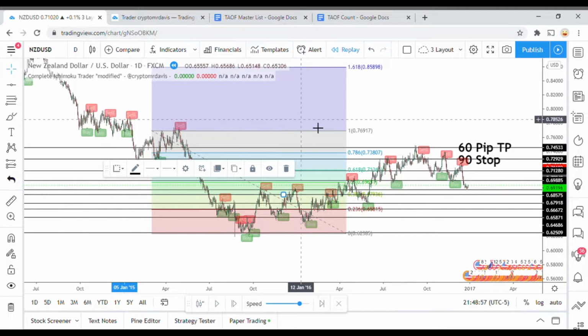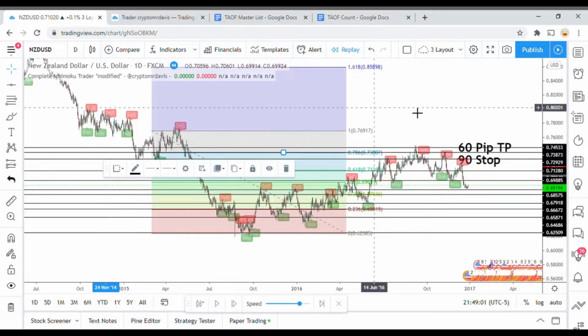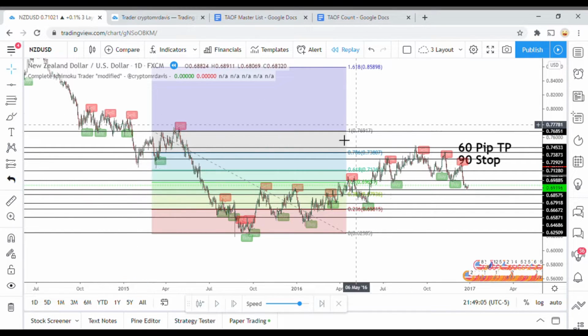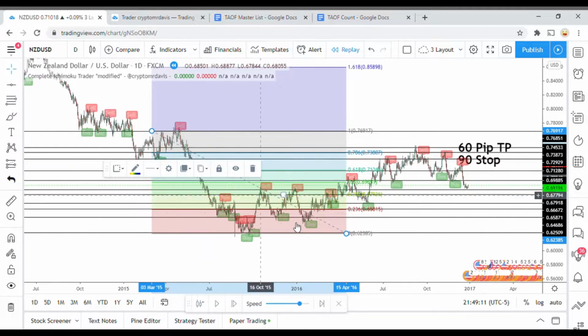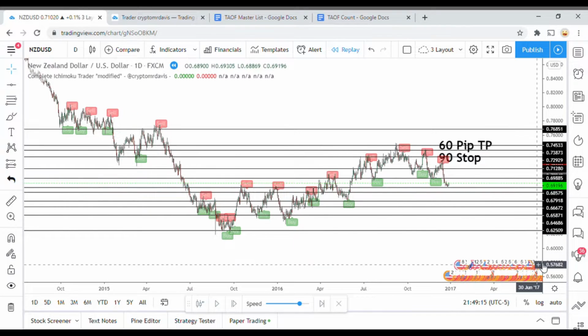Looks like a few of them we already hit. You're basically marking off those areas to get your main areas of support and resistance mapped out.